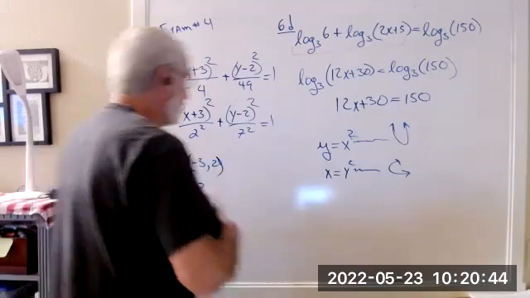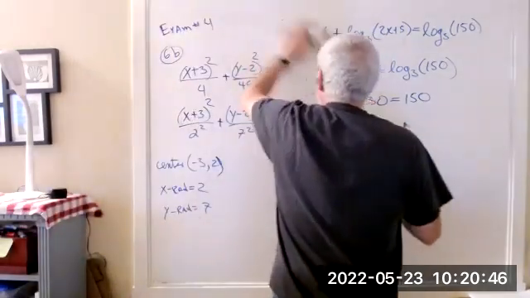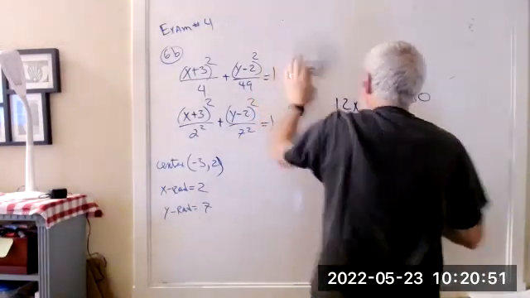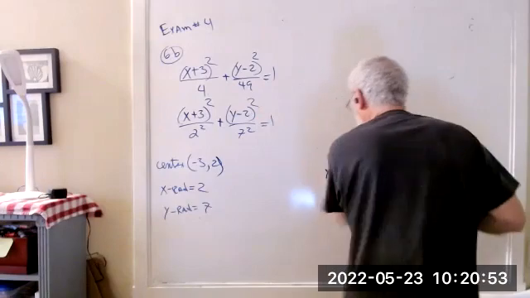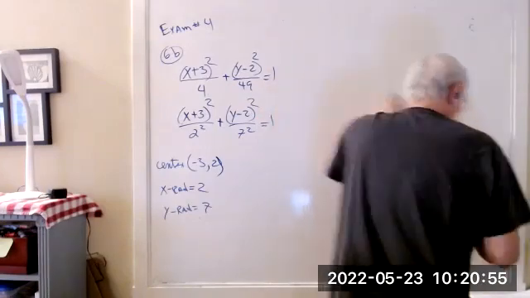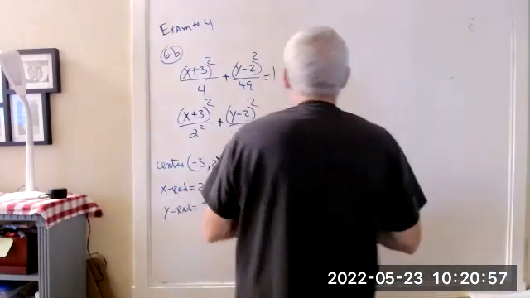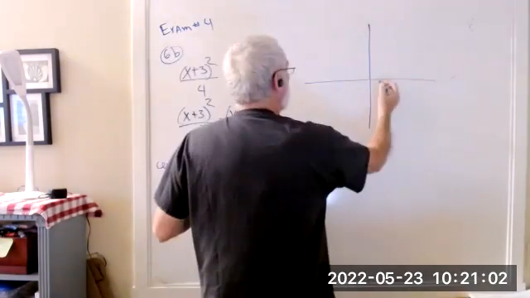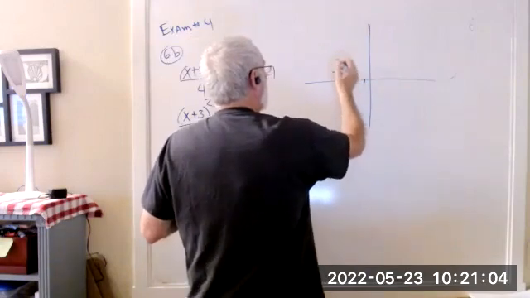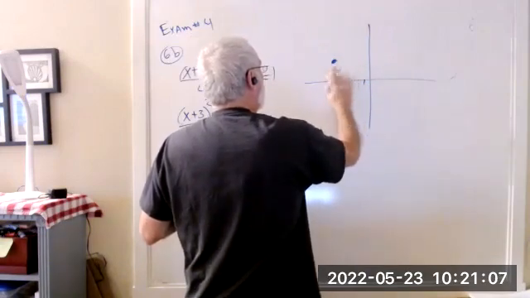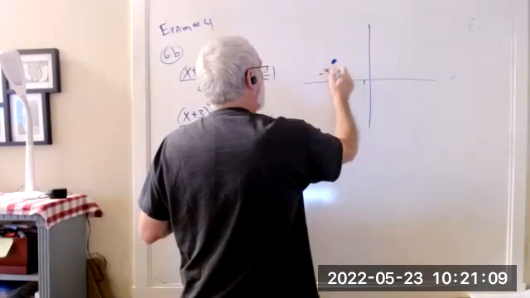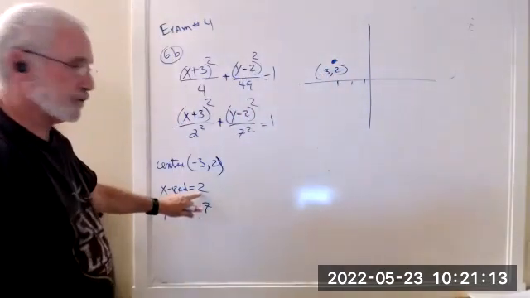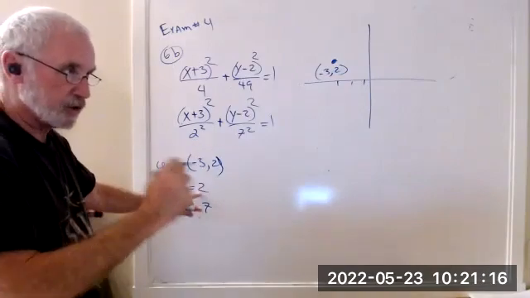Having done that, here's our center at negative 3, comma 2. The x radius says from the center, you go in the x direction 2.